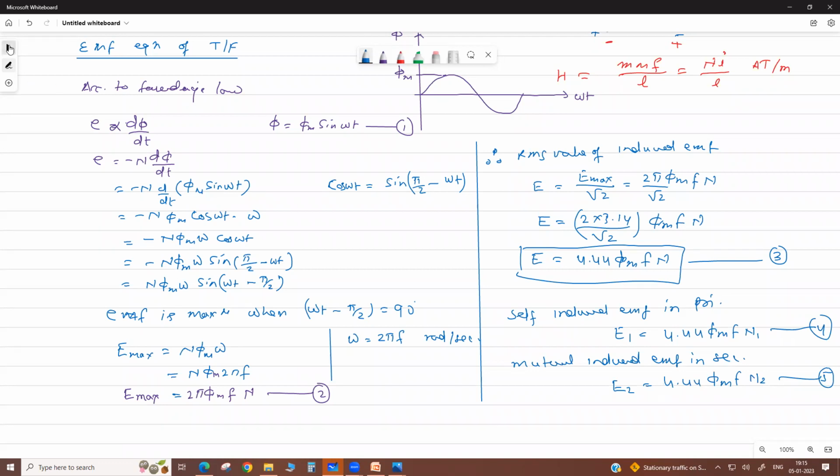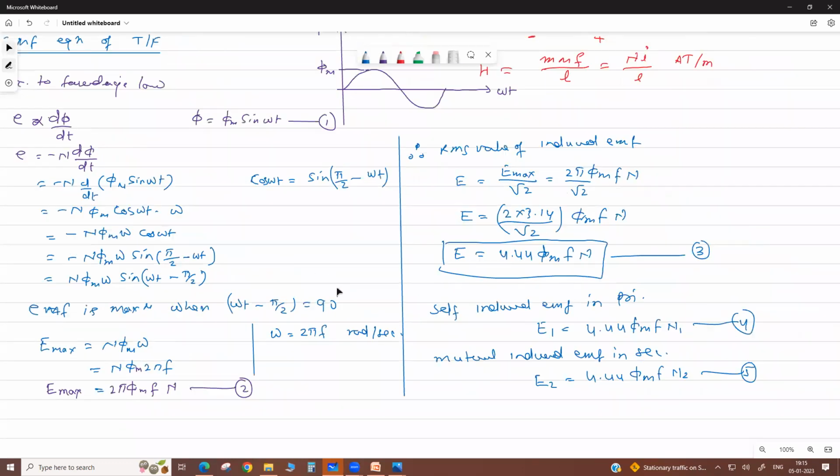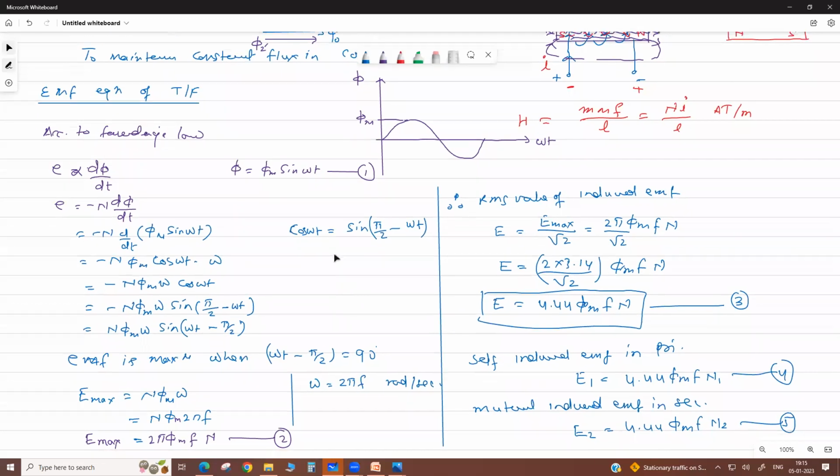So this is the EMF induced in the transformer, the EMF equation of the transformer.